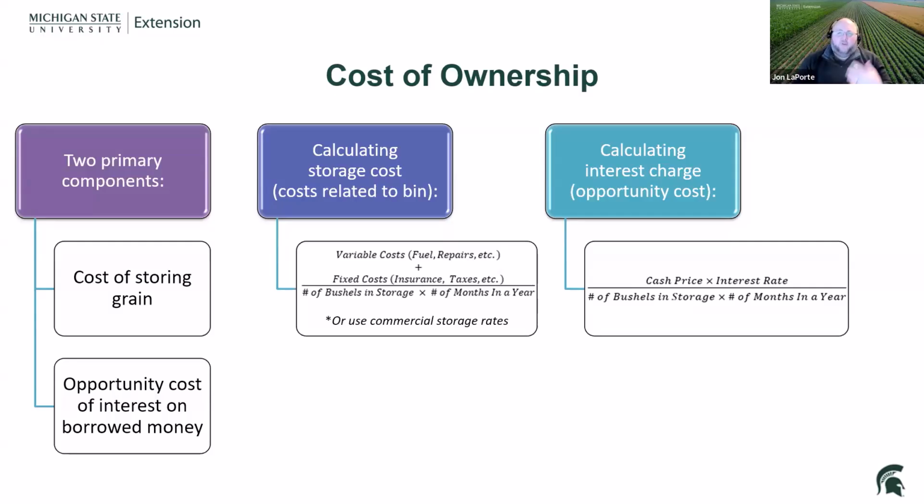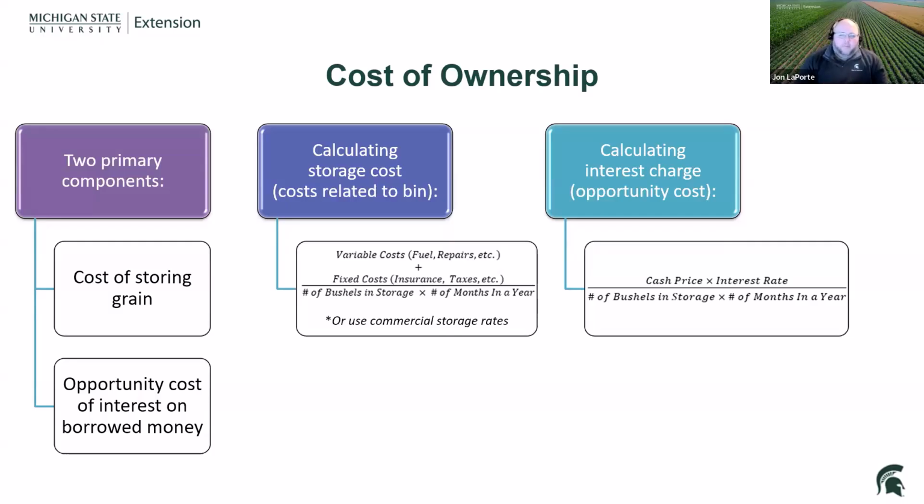You take that interest rate, multiply it by the cash price you're looking at, and then, same as you did for storage, you divide that by the number of bushels you're going to have in storage and how many months you're typically looking at storing. Again, you could divide by 12 months just to get a month to month average. That's your opportunity cost. That's money you're giving up to keep that grain out there.